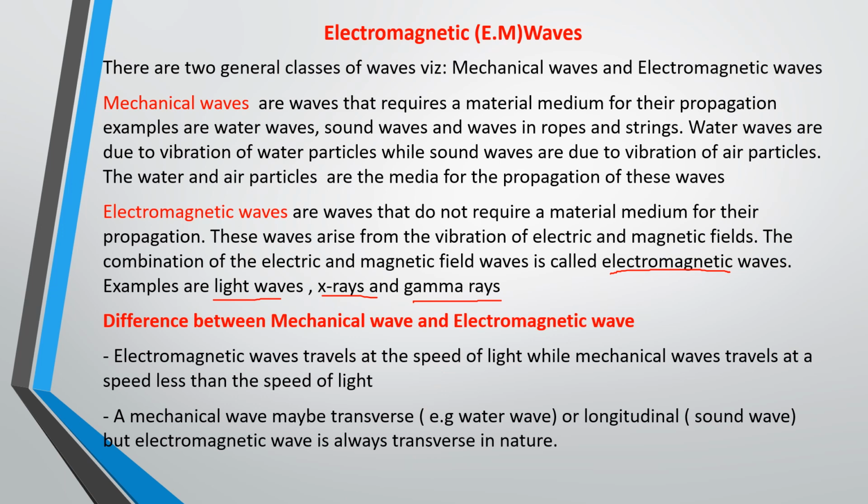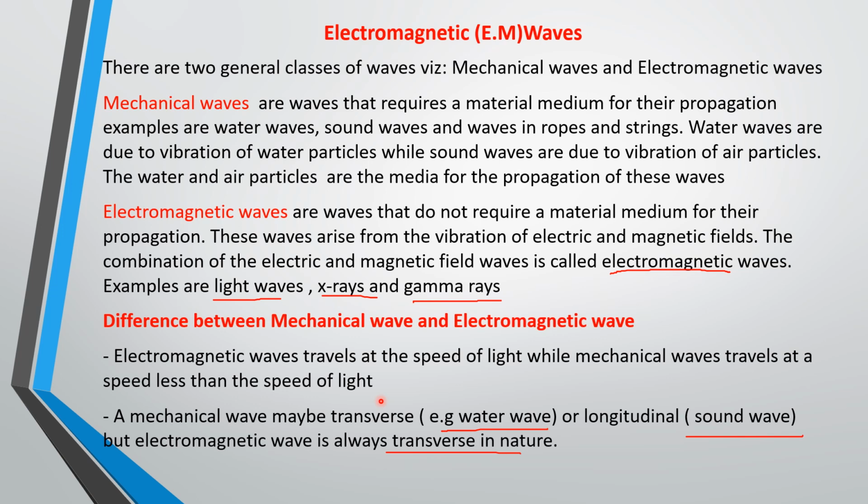Also, mechanical waves may behave either as a transverse wave or longitudinal wave. So a mechanical wave could be either a water wave or a sound wave. Alright, but electromagnetic waves are always transverse in nature. So these are basically the differences between mechanical waves and electromagnetic waves.